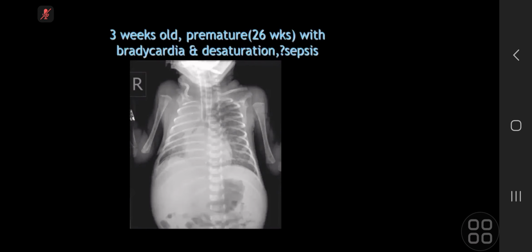The main thing I can see is the endotracheal tube is lower down, and as the baby's neck is flexed, it should be less than 3 centimeter, but it is more than 5 centimeter in the flexed position. So definitely it's in the wrong position, malposition.